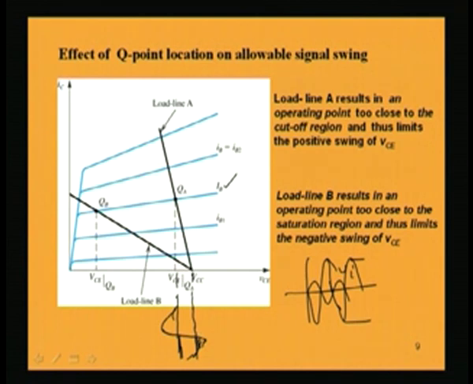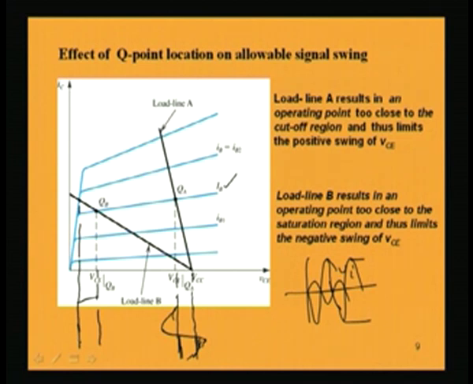Similarly, if we consider this load line, this is the operating point. What will happen is that in the negative half cycle, the operating point is closer to the saturation region. This is the maximum collector current that can flow in the circuit.